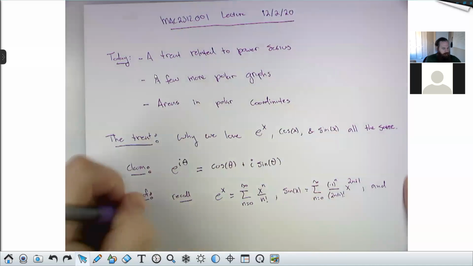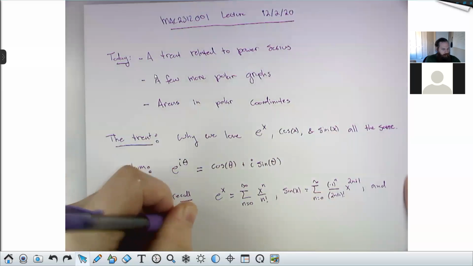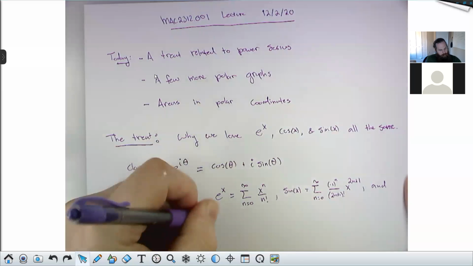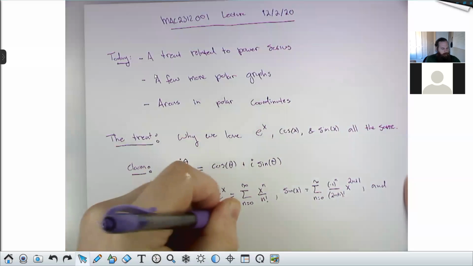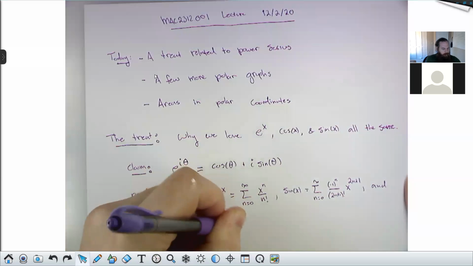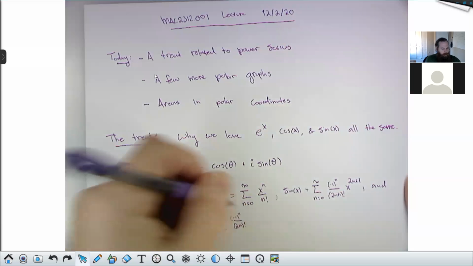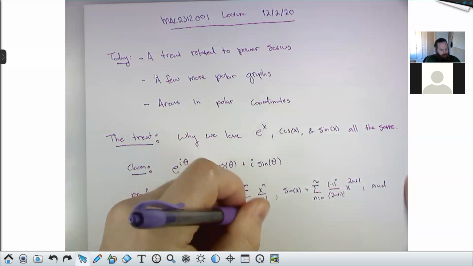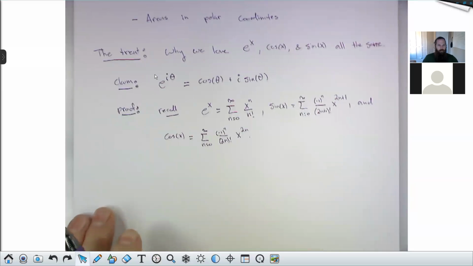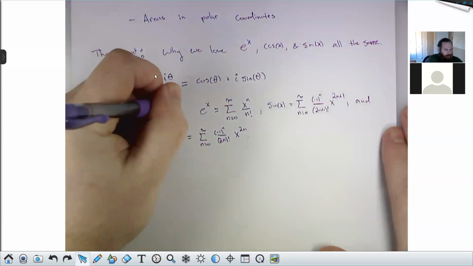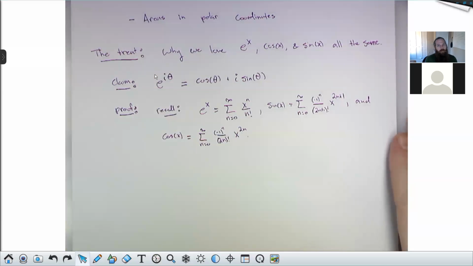And cosine x is the sum from n equals 0 to infinity, -1 to the n over (2n) factorial times x to the 2n. So far, everything here is stuff that we know. That's why I'm saying recall. Now, how am I going to use these to prove this?